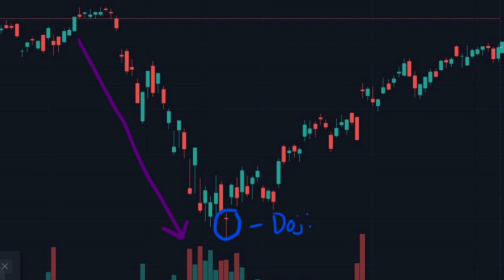And we can clearly see that this doji actually marked the very low of the crash, and after the doji, the price started to rise again. So dojis are very important and can give very important clues about the market. And in this case, we also got a very strong day after the doji, which confirmed the importance of the pattern.